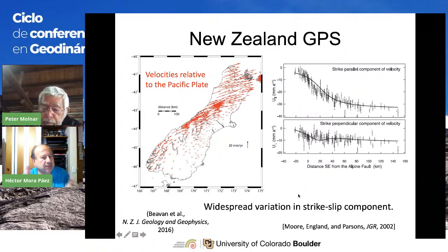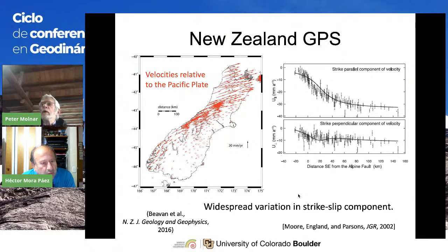Okay, the other thing, I understand that there are some people trying to use the GPS data for anisotropic studies, to compare with some anisotropic studies, but I understand that it's necessary to express the GPS data with respect to the hotspot reference frame.